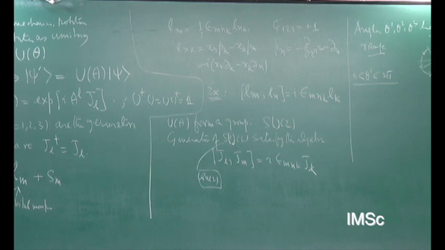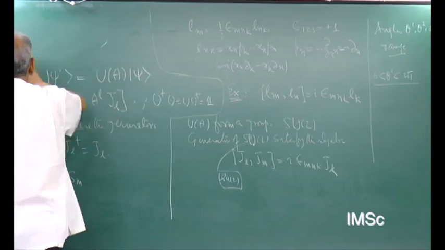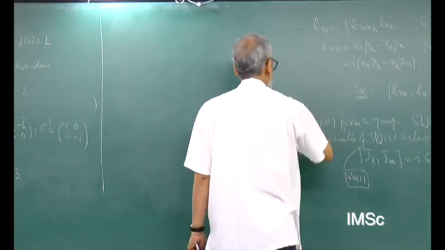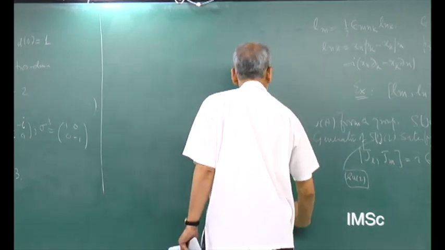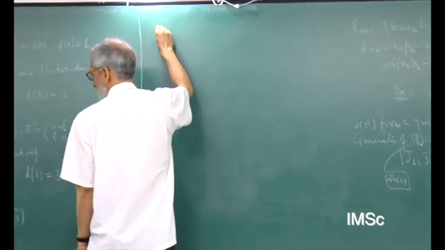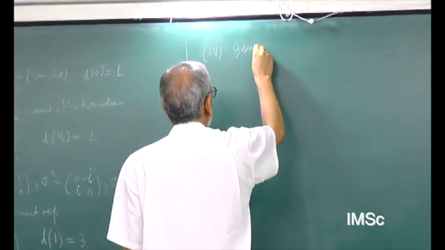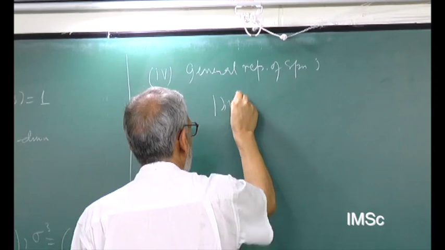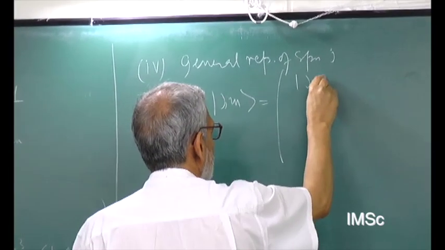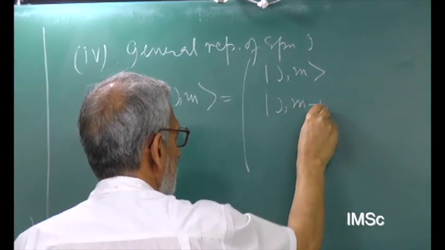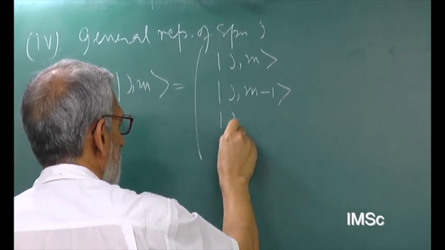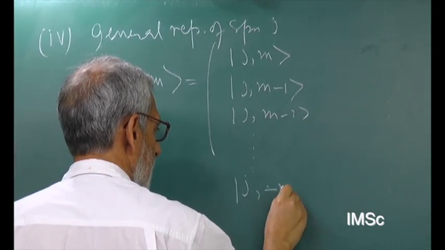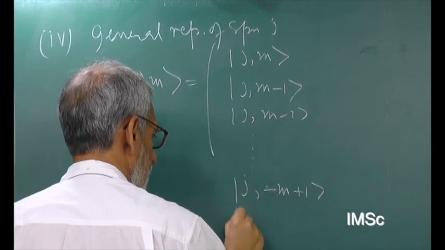Now we said that earlier, but let me repeat. The most general representation, the general representation of spin j, is J m with components J m, J m minus 1, J m minus 2, and so forth, down to J minus m plus 1, J minus m.